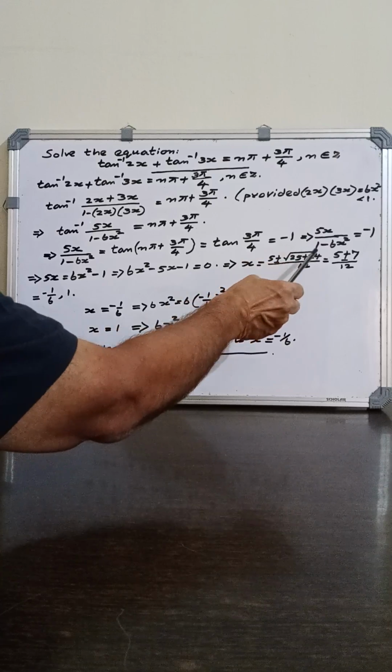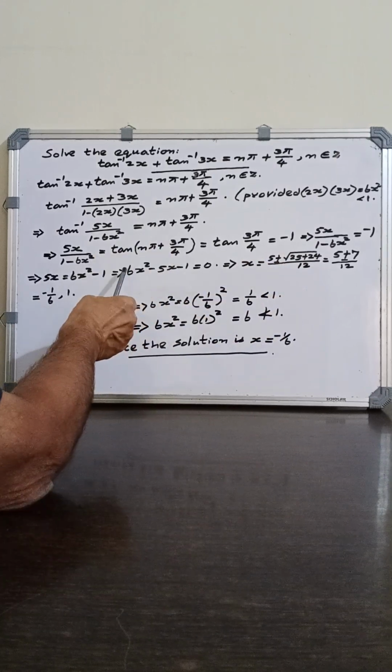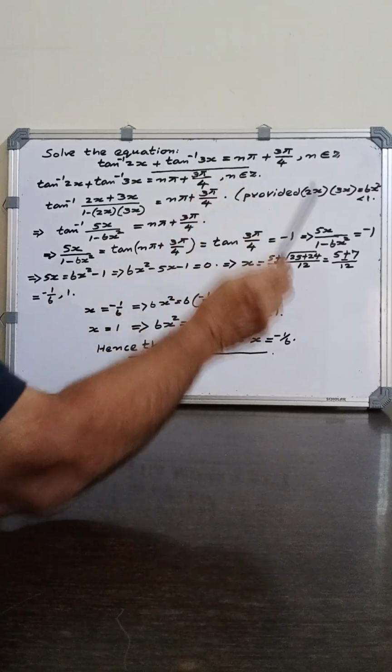Therefore, root of 25 plus 24 by 2a, and 2a means 2 into 6, 12.